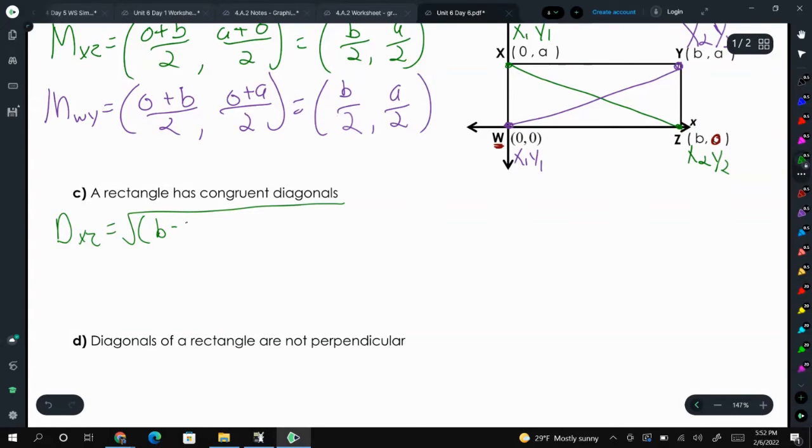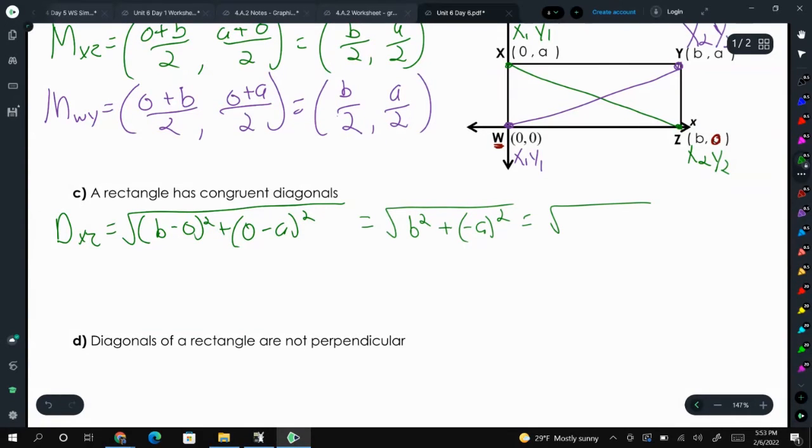So b minus 0 squared plus 0 minus a squared. And what that's going to equal, b minus 0 is b, so we have b squared, plus 0 minus a is negative a squared.